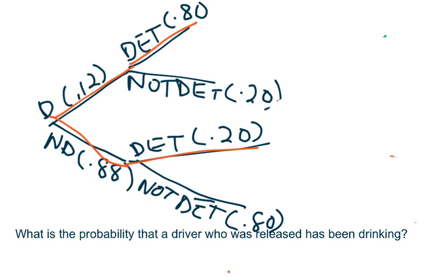Finally, let's determine the probability that a driver who was released had been drinking. So, in other words, the probability of drinking given that they were released. Or, to be consistent, we could say drinking given that they were not detained.